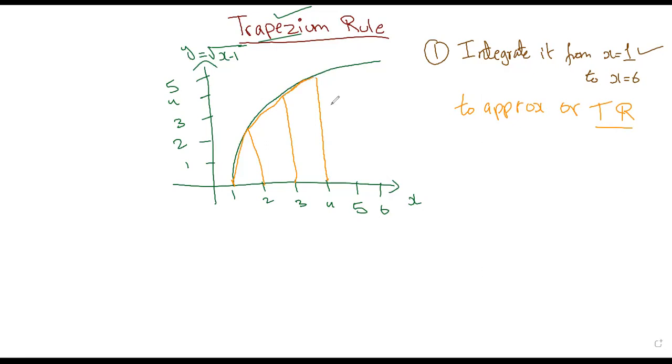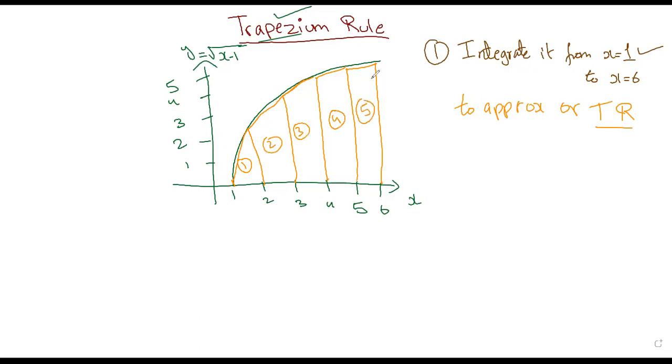Okay, all these yellow figures are trapeziums. I'm not able to draw them properly because of my pen, but these are trapeziums. So if any line looks like a curved line, just ignore that. It is a trapezium. I have 1, 2, 3, 4, 5 trapeziums.